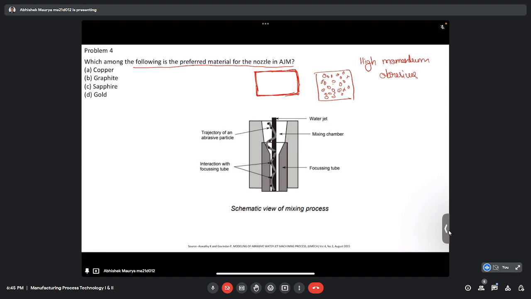So here, let's say we are getting the high velocity water jet, and now we are adding abrasive particles.